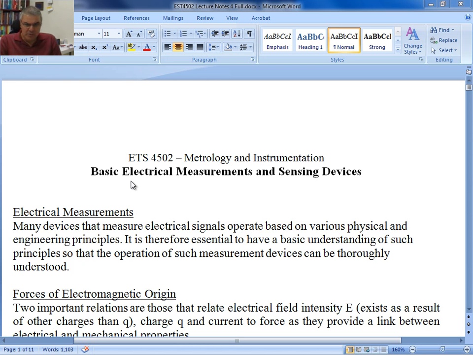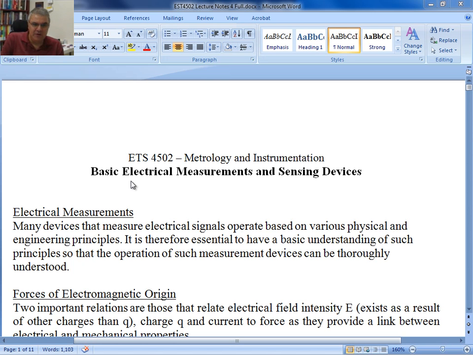So I'm going to give you a summary of what is covered under basic electrical measurements and sensing devices. Again, we're not going to cover advanced topics simply because that's beyond the scope of our class and beyond what we want to learn in this class.